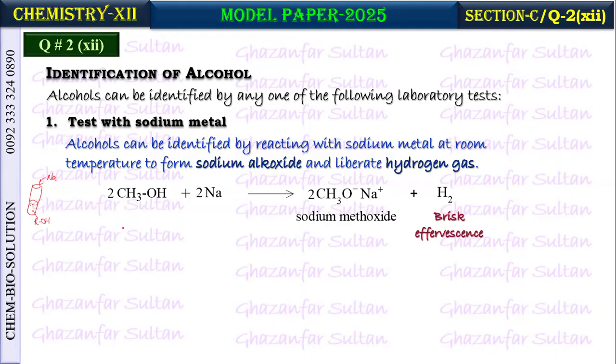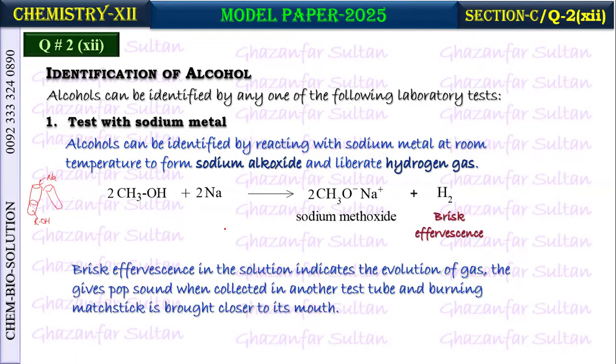But remember that acid can also give the reaction. So it is better to collect this gas in another empty test tube and bring an ignited splint or matchstick, then it will give the pop sound. So actually, these are the simultaneous identification of alcohol as well as hydrogen gas.